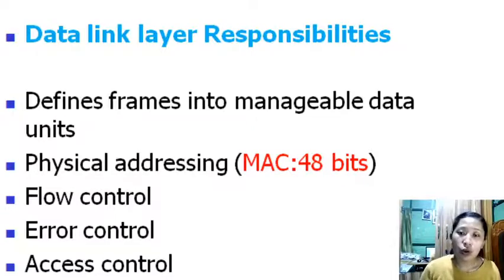So the data link layer can implement this access control mechanism wherein every device is given information about when it can transmit, so that their messages do not collide in the network, because if they collide, they will be lost.